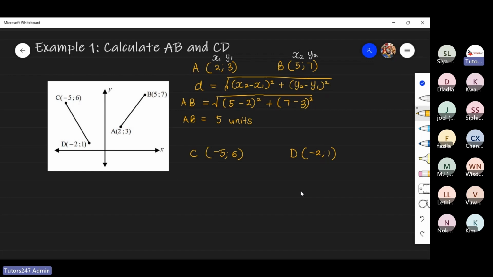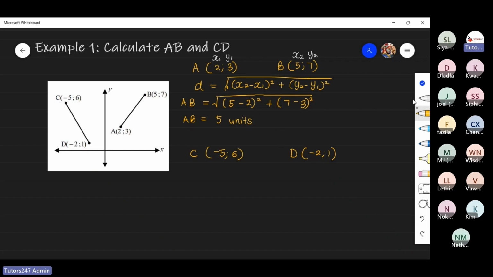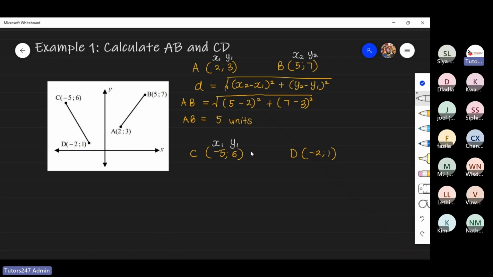Now, with calculating the distance CD, be extremely careful because as you can see, there are negative values involved and our formula makes use of a negative sign. So that can be kind of tricky if you don't do it correctly. So let's have a look. I'm going to make my coordinates of C, x1 and y1, my coordinates of D, x2 and y2.